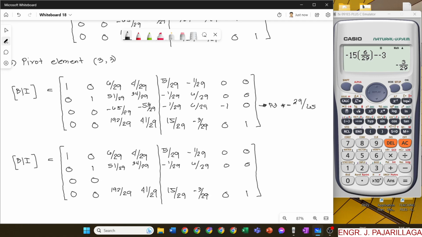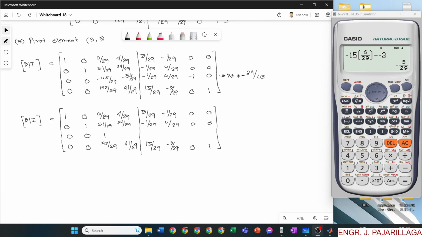So, negative 65 over 29 multiplied by negative 29 over 65. That is 1. For a while guys, namamanhid yung aking paa. Okay, so continue natin.